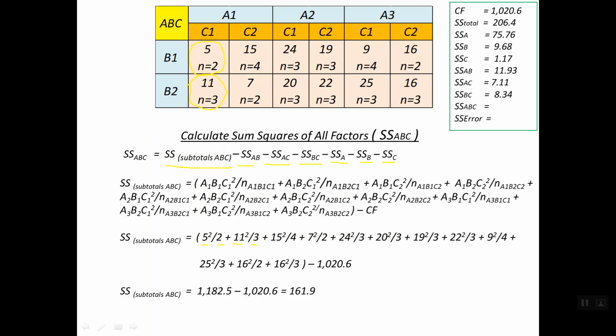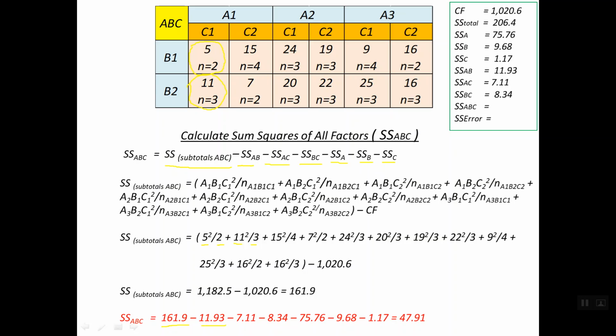So if you proceed, you can get the value for the SS for the subtotals. It is 161.9. So now we can simply calculate the SS for ABC. This is the SS for the subtotals.